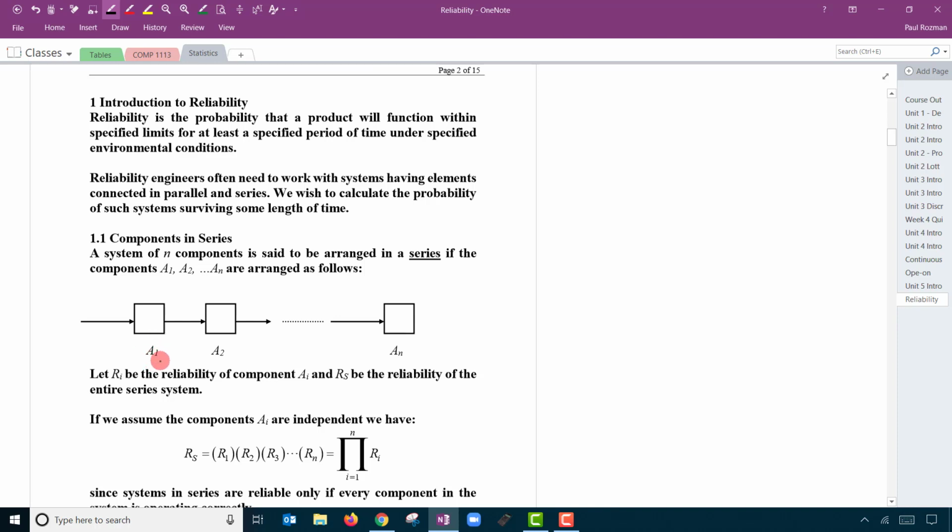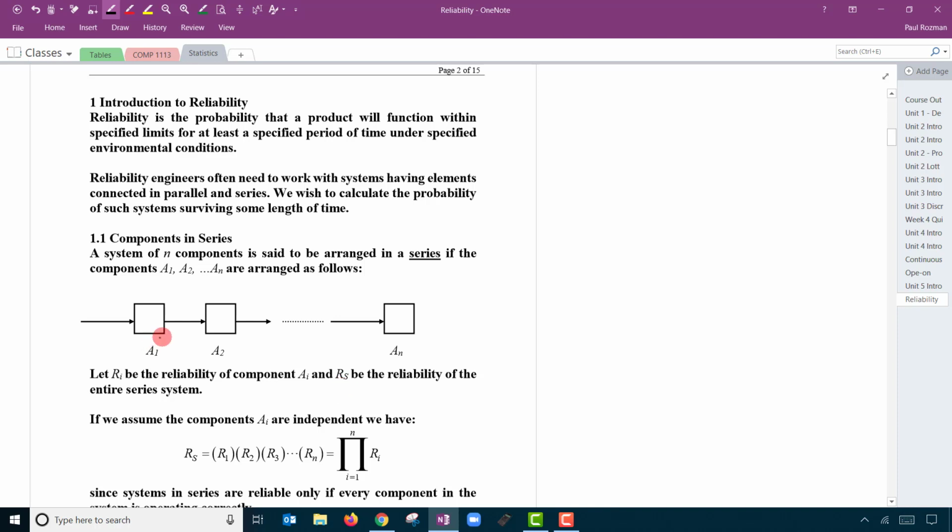I have some components A1, A2 up to AN, and I need all N components to be reliable in order for this system to be good. Notation for that, I'll use R for reliability and a subscript S to indicate that it's a system that's in series. It's only reliable overall if all the pieces are good themselves.